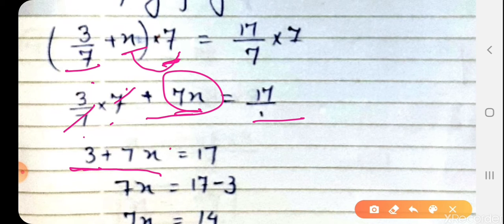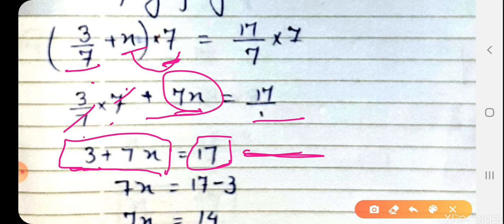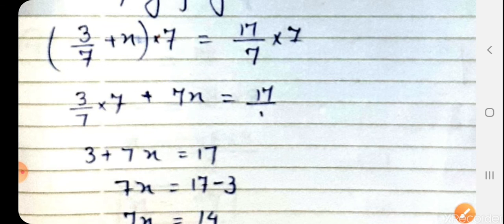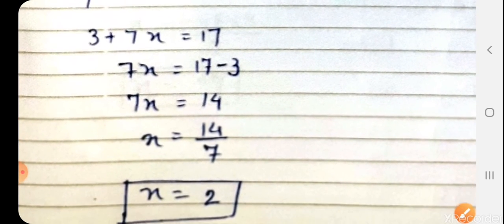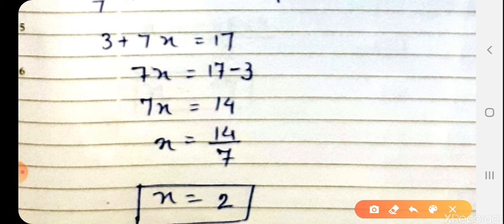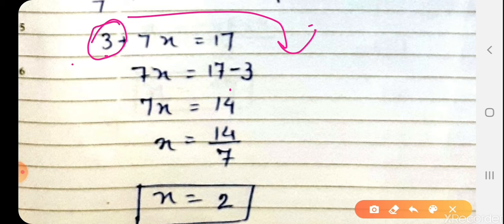Now this equation is reduced to the form which we have been solving in previous questions. Now 3 plus 7x is equal to 17. We will transport this 3 to the opposite side. This 3 is positive, after transportation it will become negative.